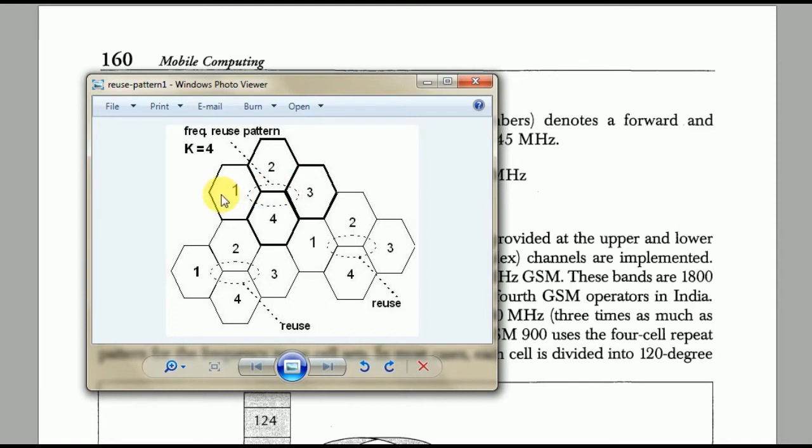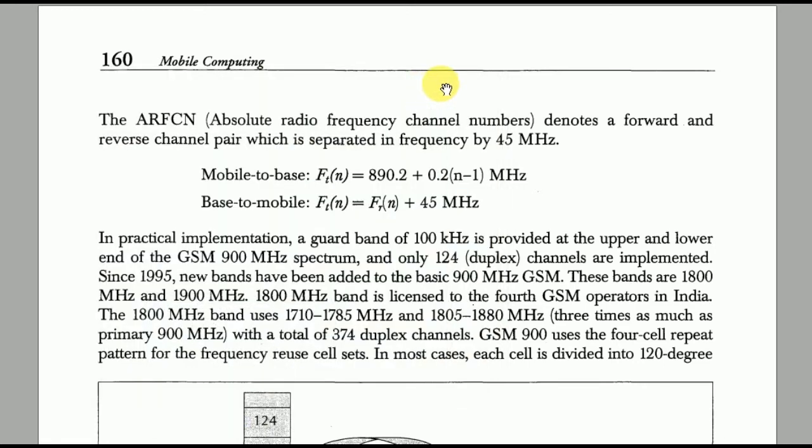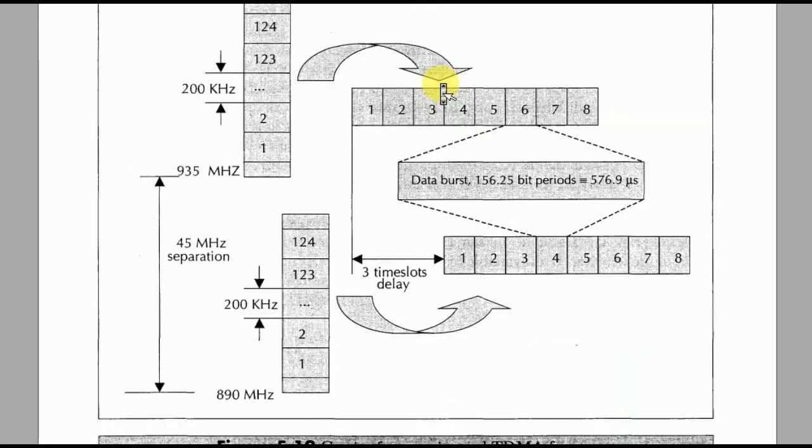So in the 4-cell repeat pattern we have 4 into 3, that is 12 sectors available. Each base transceiver has a 120-degree antenna. These 12 sectors share the 124 channels. To share the bandwidth among users, GSM uses a combination of TDMA and FDMA. One or more carrier frequencies are assigned to each base station.